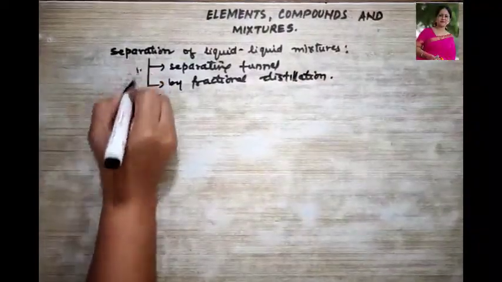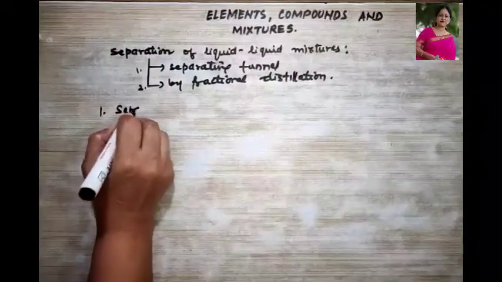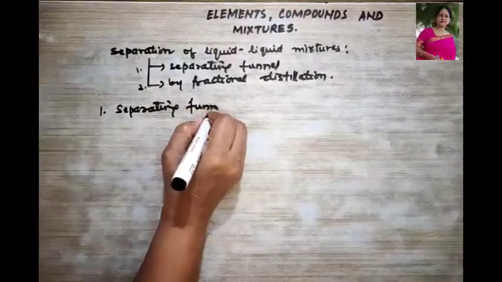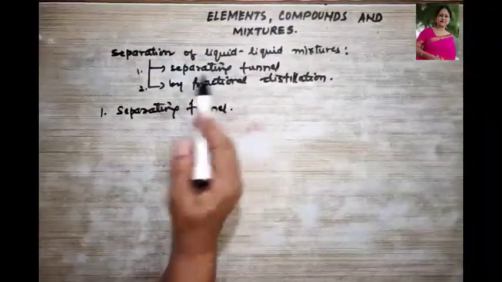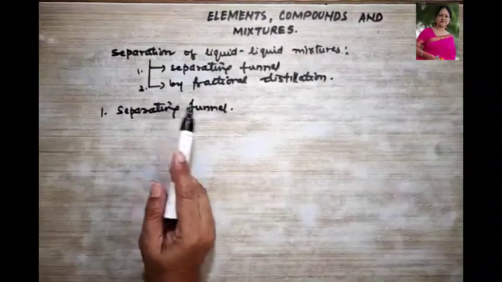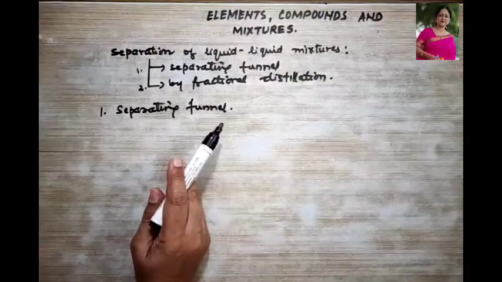So let us come to the first one, that is the separating funnel. The name of the method is also separating funnel, and the apparatus that we use for this purpose is also termed a separating funnel, right?